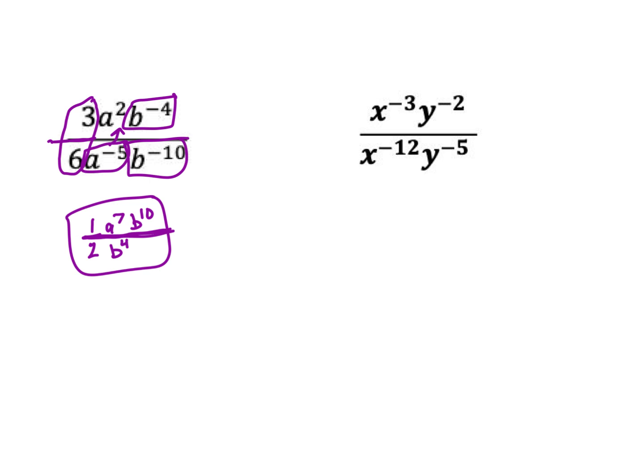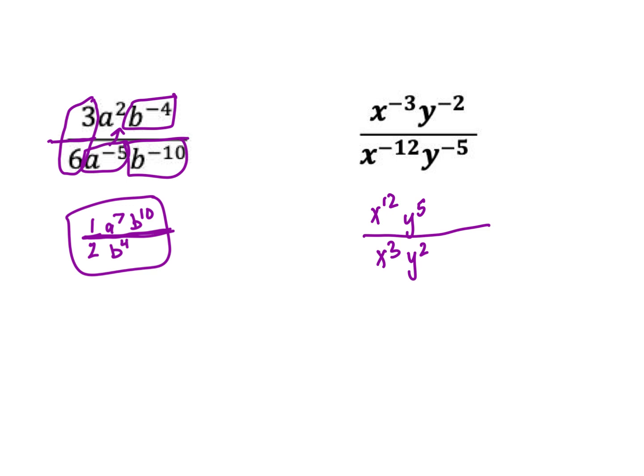I switch them to their reciprocal, or to the opposite side of the fraction bar. I'm going to do the same thing again. I'm going to take the x's and flip-flop them because they're both negatives, and make them both positives, x to the third. Same with the y's. I'm going to take this y to the 5th back to the top and y to the 2nd to the bottom.